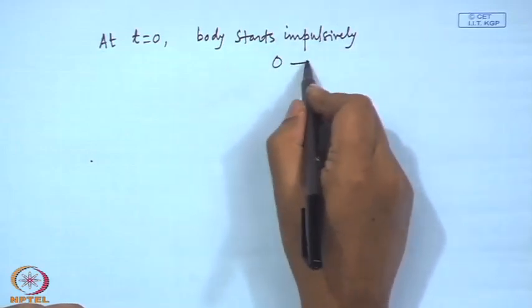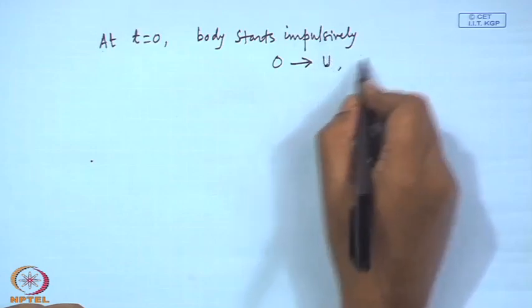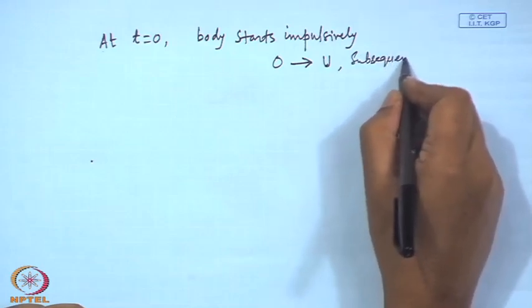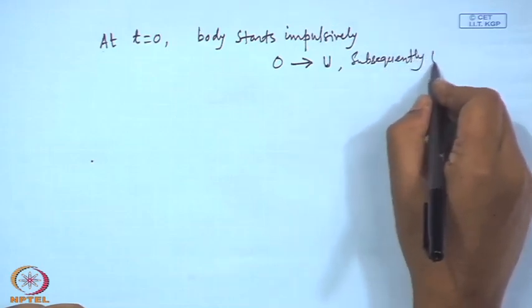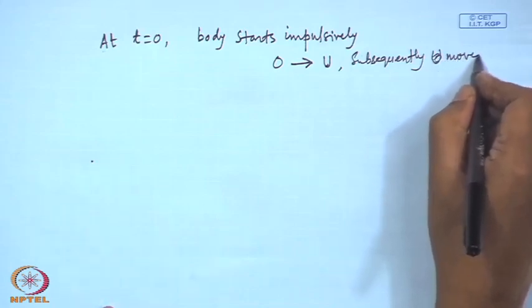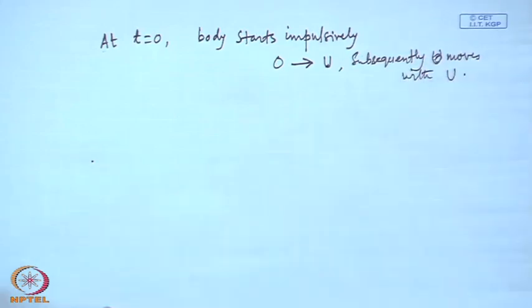The velocity changes from 0 to, let us say, u, and subsequently moves with u. At t equal to 0, the flow is irrotational.